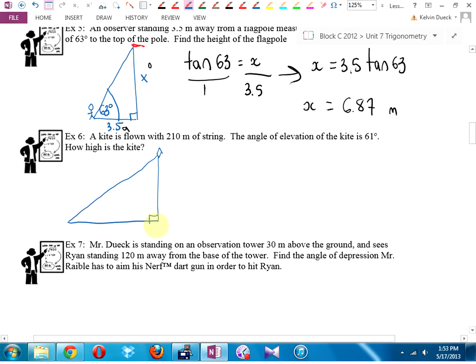Where would I put that 210? Right here? It says the angle of elevation is 61 degrees. Angle of elevation is from the ground up. What are they asking me to find?